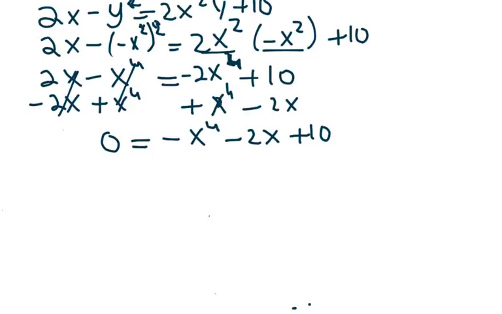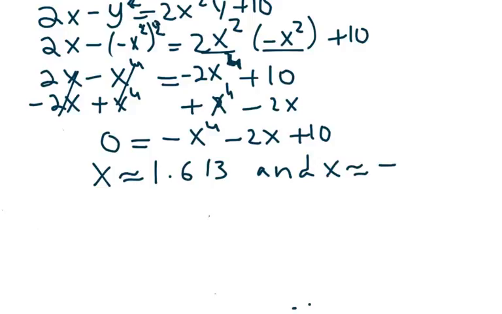Once we plug into our calculators, the solutions come out to be x is approximately 1.613 and x is approximately negative 1.929. So these are our x values.